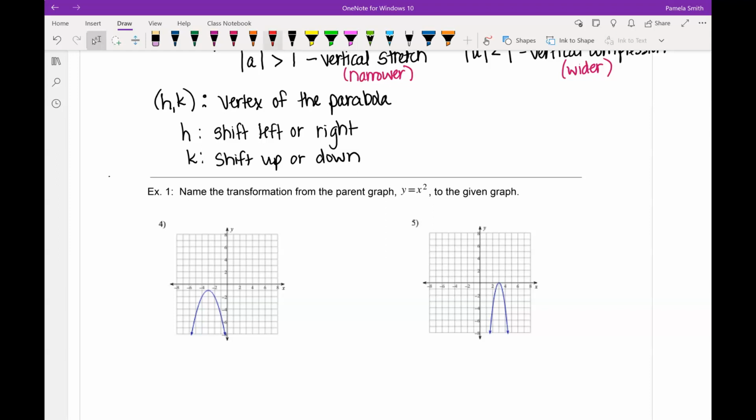If I were to just sketch it in here, the graph of y equals x squared starts at the origin. 1 squared is 1, 2 squared is 4, 3 squared is 9, which is just off my graph. And I'm going to put this as a dotted line.